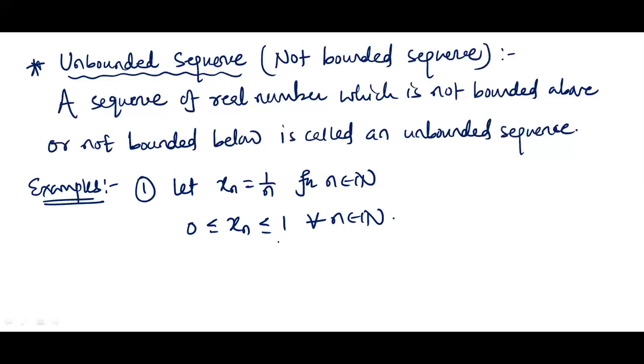Because we have a real number 1 such that each term of the sequence is less or equal to 1, therefore the sequence xn is bounded above, and we also have a real number 0 such that each term of the sequence is greater or equal to 0, therefore xn is also bounded below.